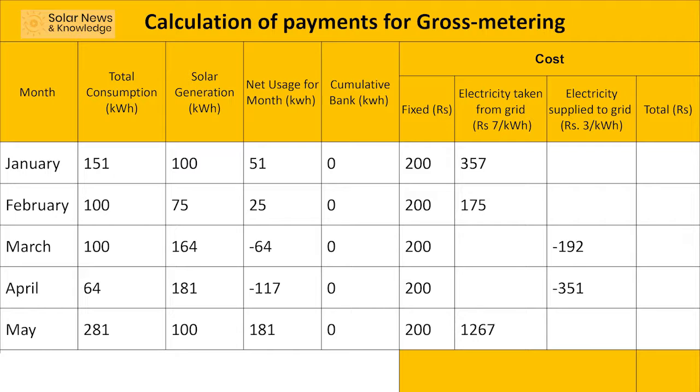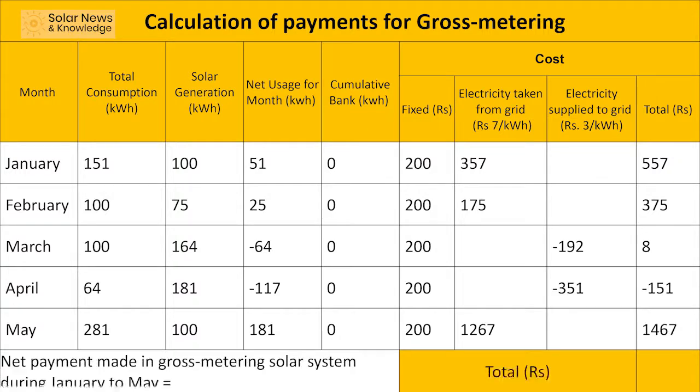As a result, the net impact will be that the total bill for Ramesh in case of gross billing will be, in the month of January 557, February 375, March 8, in April it will be minus 151, and in May it will be 1467.